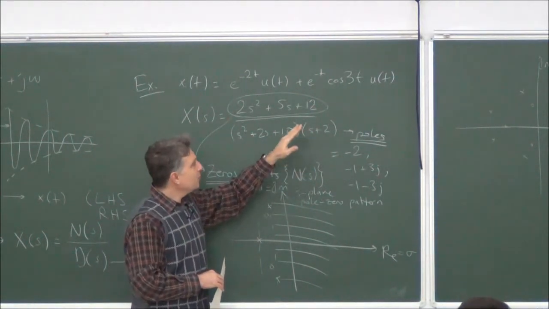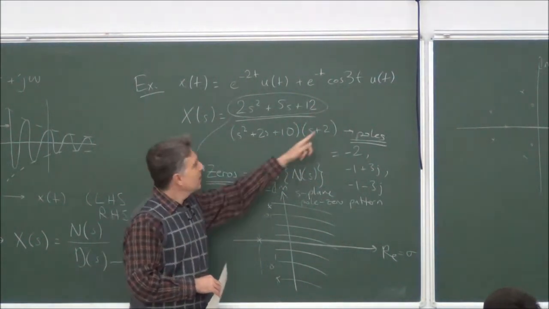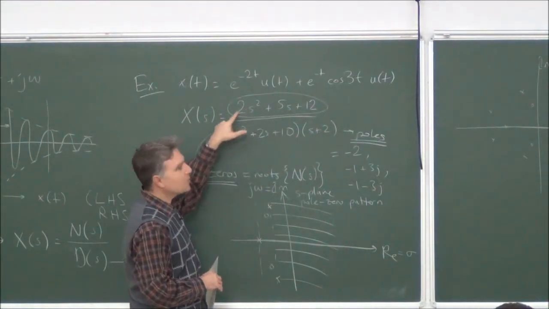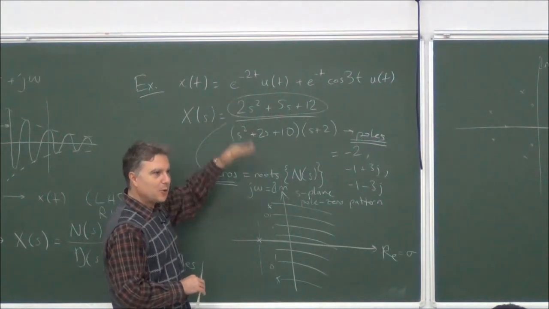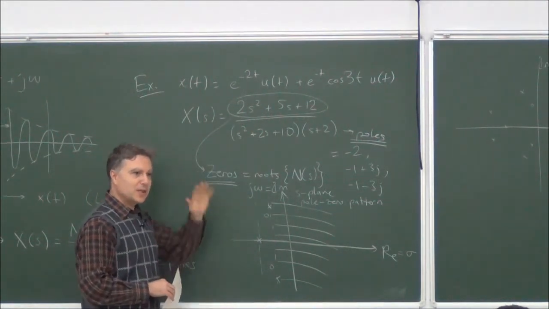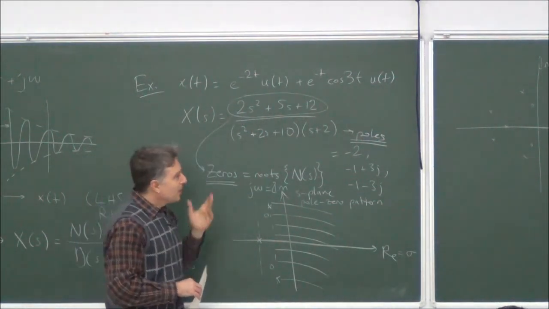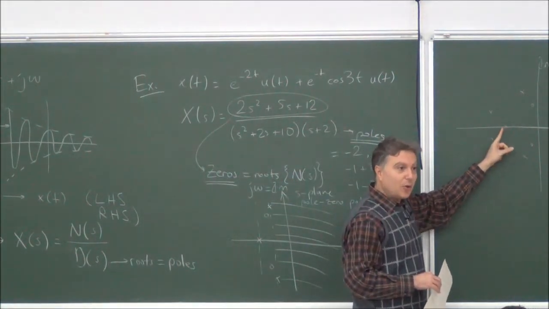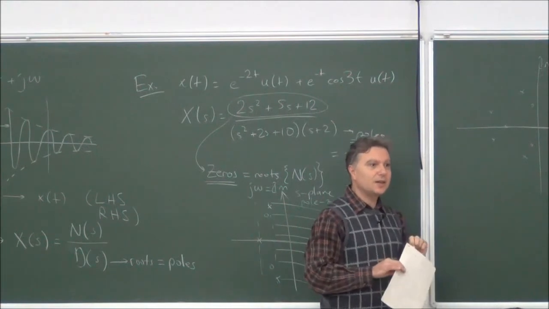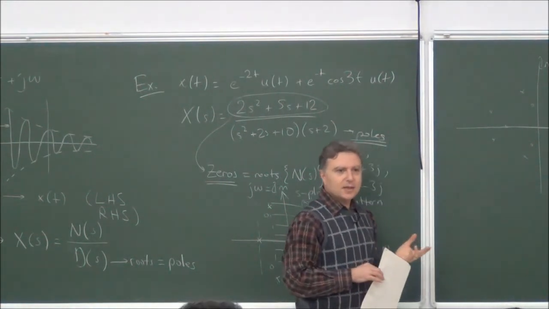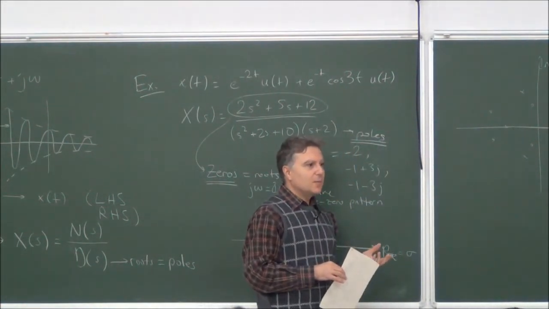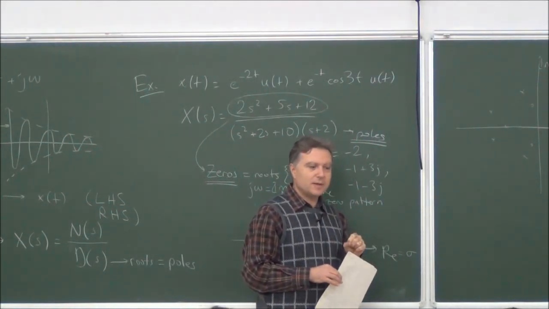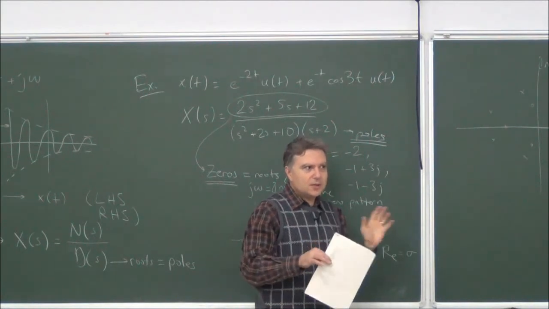In that case, you really need to make a simplification. This pole, in other words, may cancel a zero at the top. The polynomial factorization may cancel each other. What does that mean? It means that there may be a zero at this point and a pole at the same point, which may cancel each other. What does it affect? It affects the region of convergence, because you are eliminating a pole by putting a zero over there, and you're changing the region of convergence.